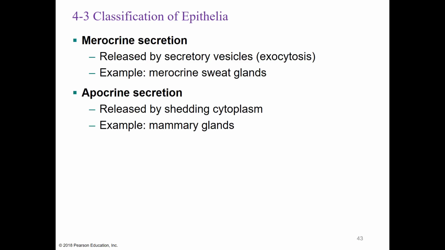Merocrine secretion is when a gland secretes a product by way of exocytosis. Now that word should be familiar. We talked about it in Chapter 3. That is when we use a secretory vesicle to expel a product out of the cell. And an example of a gland like this would be a salivary gland or a merocrine sweat gland.